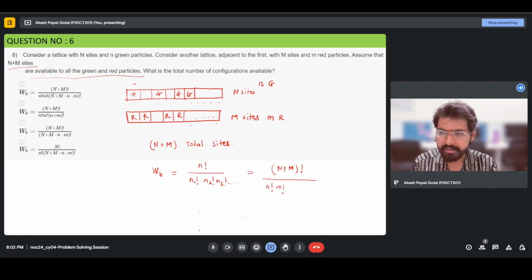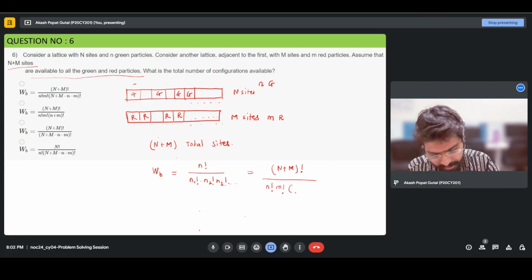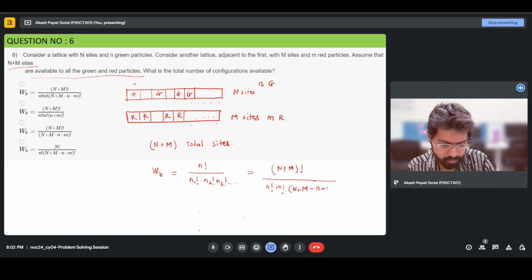And the third thing is we can consider this vacancy, because it is indistinguishable, as a particle, but an indistinguishable particle. So that number of sites will be the total number of sites n plus m minus the sites occupied by n green particles minus the sites occupied by m red particles, and the factorial of that. That will give you the total number of microstates. Fine. So your answer should be option number A.